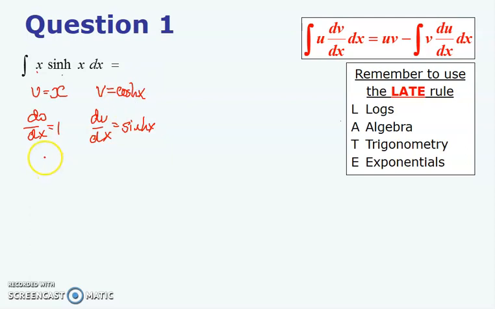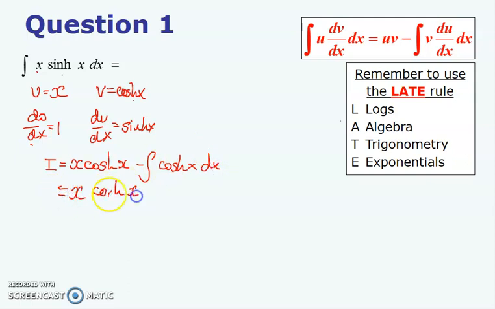So if I put them in, I get uv, which is x cosh, minus the integral, and now it's just the integral of cosh, because I'm times by 1, and therefore I think I'm going to get x cosh x minus a shine x plus a constant.